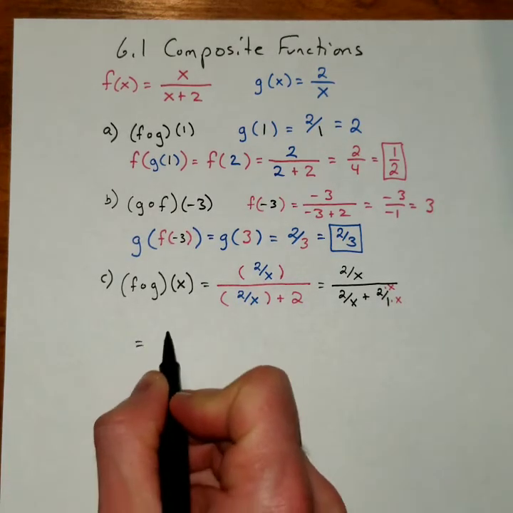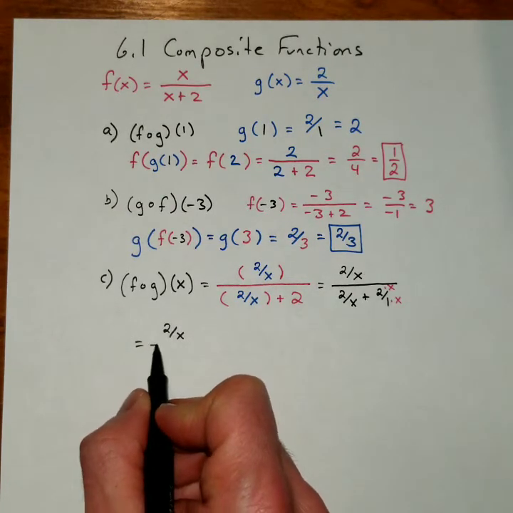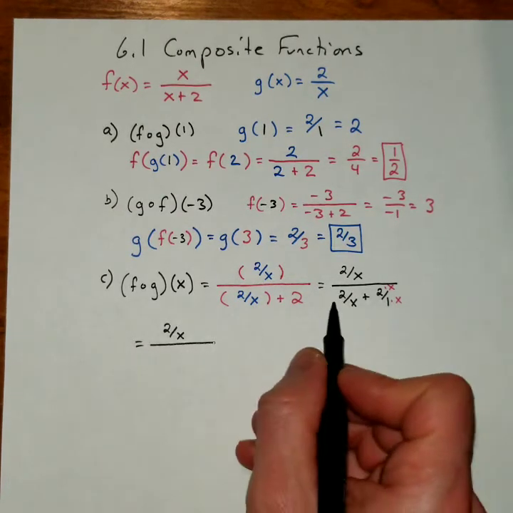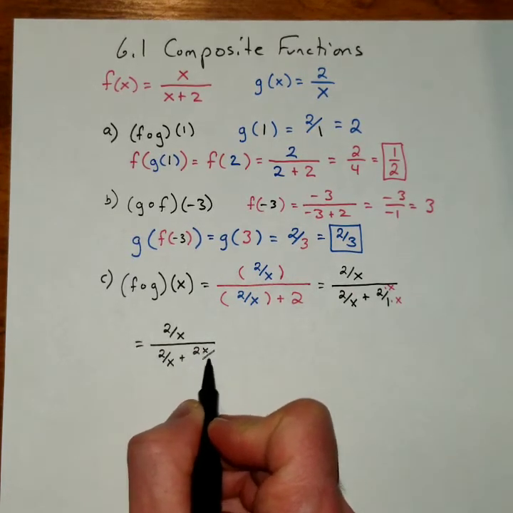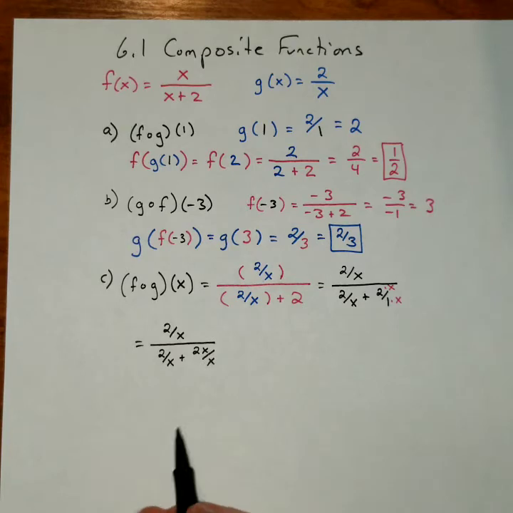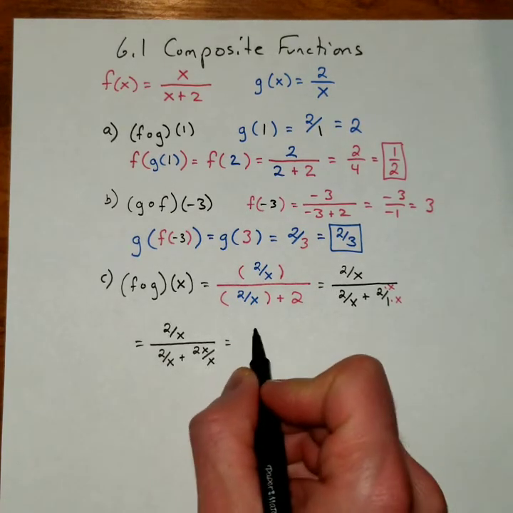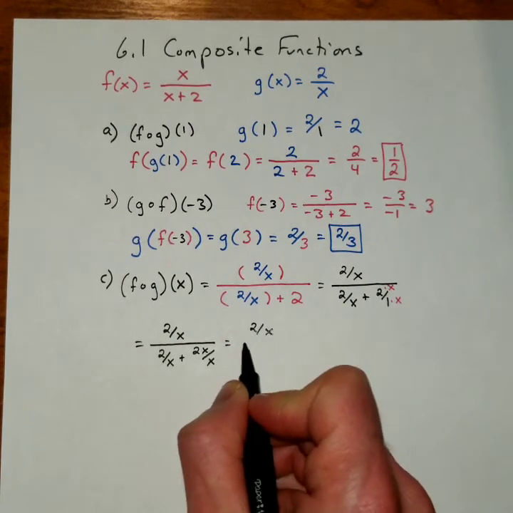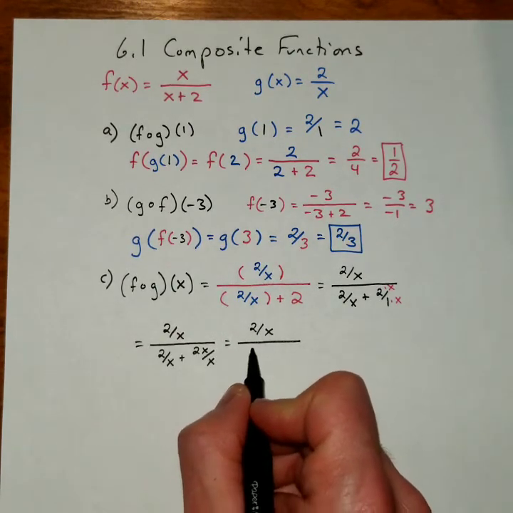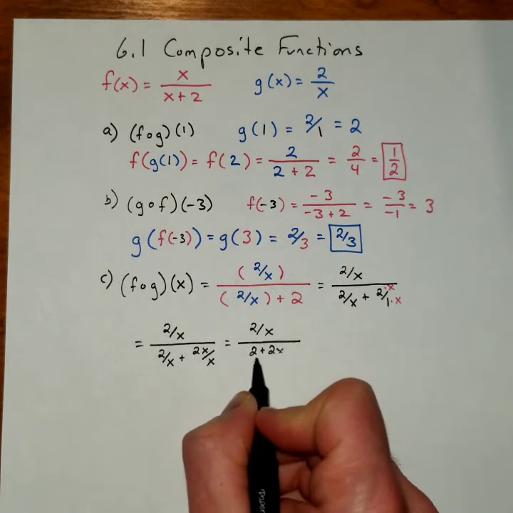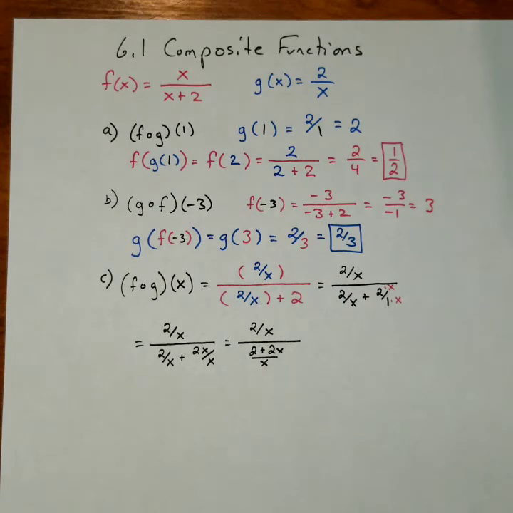That will give us 2 over x all over 2 over x plus 2x over x. And when I add the two with common denominators, 2 plus 2x all over that common denominator of x.